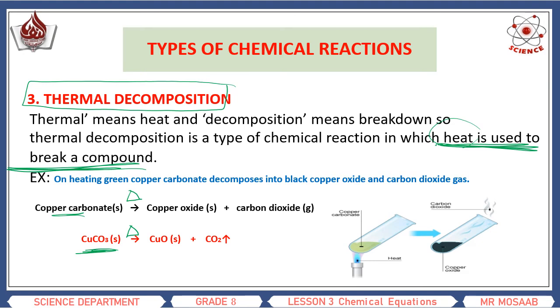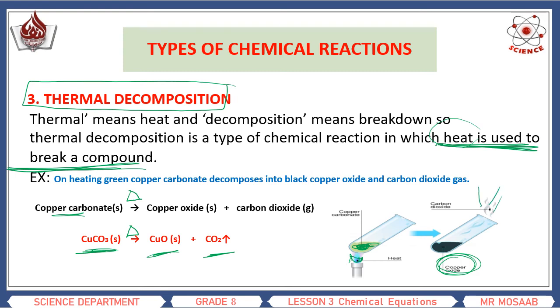So, copper carbonate, which is here, is a green copper carbonate. By using heat, this heat, it will break into two new substances, copper oxide and carbon dioxide. Copper oxide is a black substance, and carbon dioxide, of course, it's a gas.